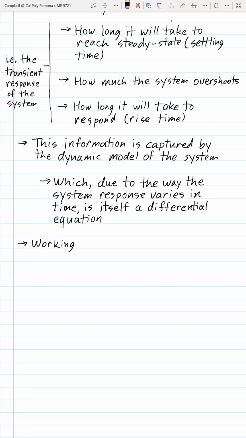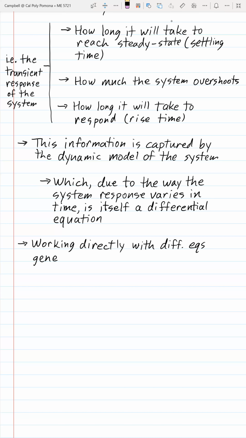So working directly, as we know, with differential equations, and here I'll just shorten this to diffie-qs. So working directly with differential equations generated from the governing laws.